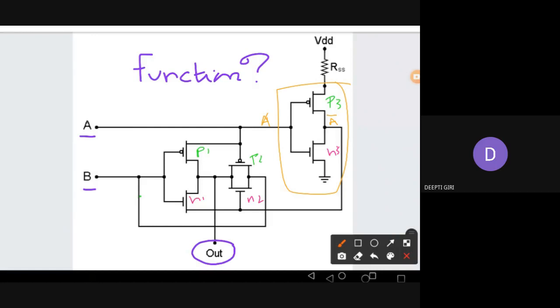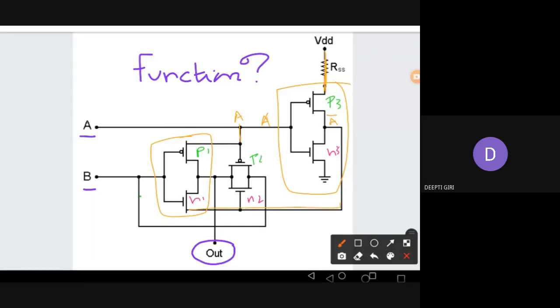Now we can see there's another kind of inverter structure here. Input is B, but the difference is that in the inverter on the left it is directly connected to VDD, but here it is connected to A. You can see A is going in instead of power, and at the bottom you can see A bar. A bar is supplying the bottom supply to the inverter. You can see that difference, right?